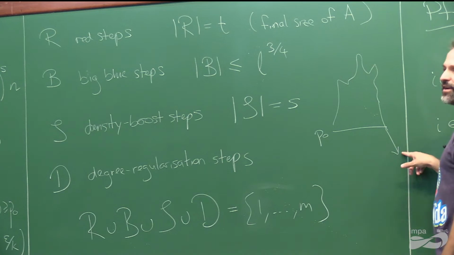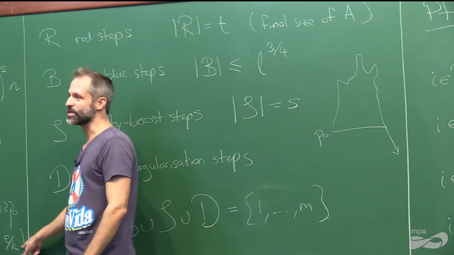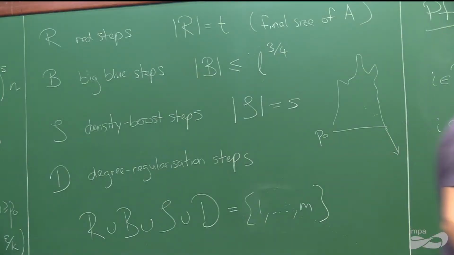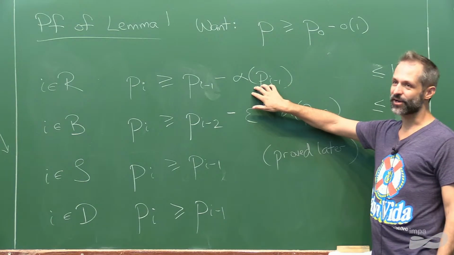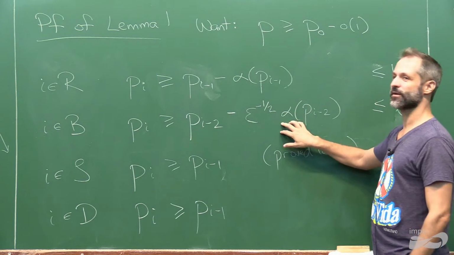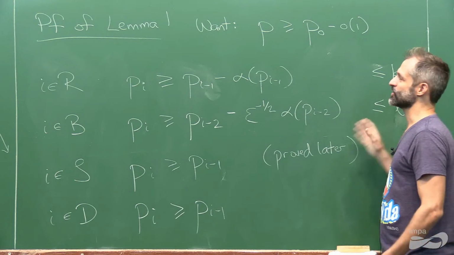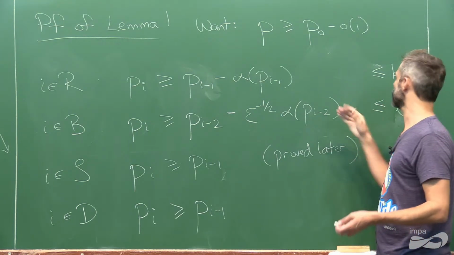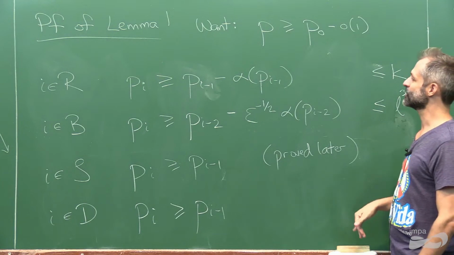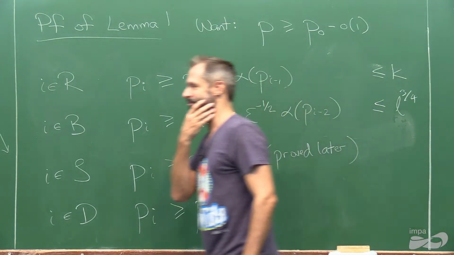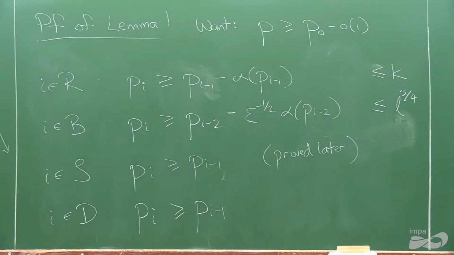And when it's below P0, alpha is always just epsilon over K, so the amount that you're going down is really only epsilon over K or root epsilon over K. And there are fewer than K steps, so you go down by almost root epsilon, actually less because this is smaller than K. So really, you're only going to go down by about epsilon. Now, I cheated a bit there. You probably noticed.